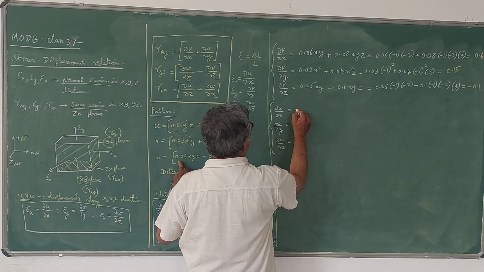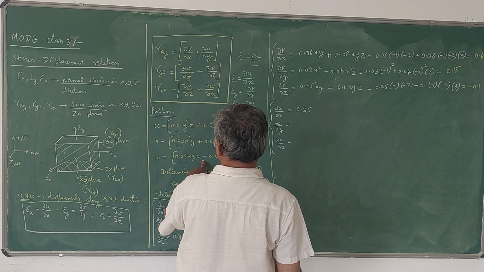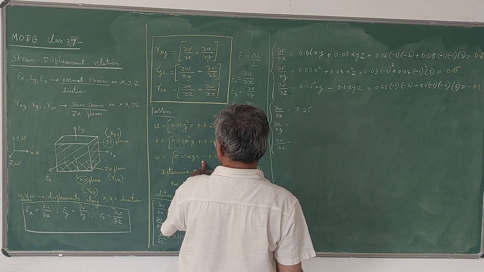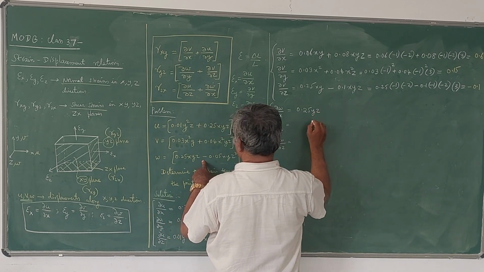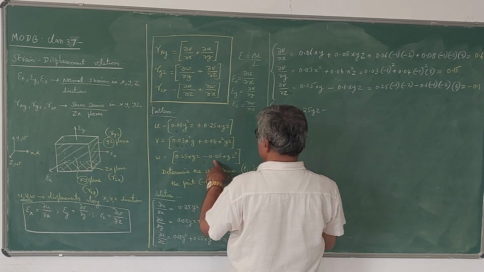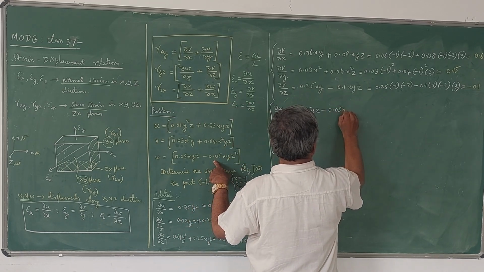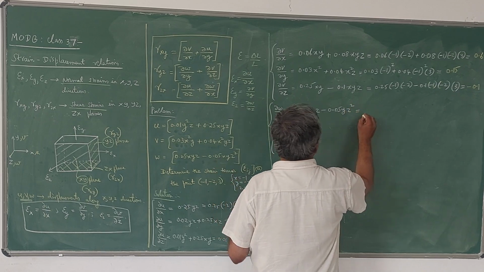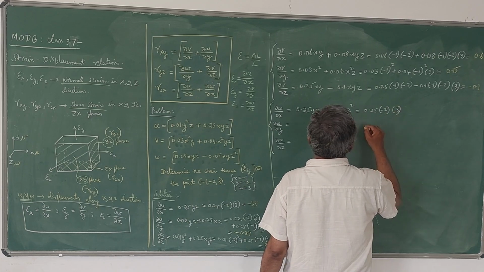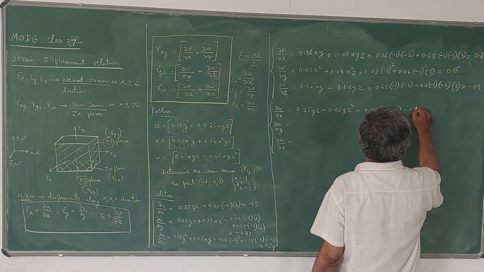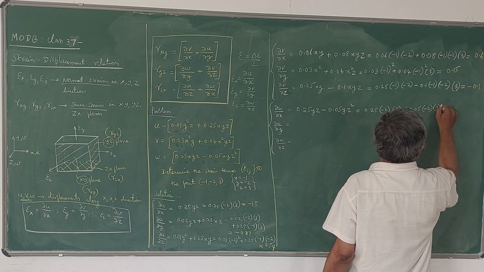So it becomes 0.25yz minus 0.05yz². So 0.25 into minus 2 into 3 after substituting for y and z, minus 0.05 into minus 2 into 3².